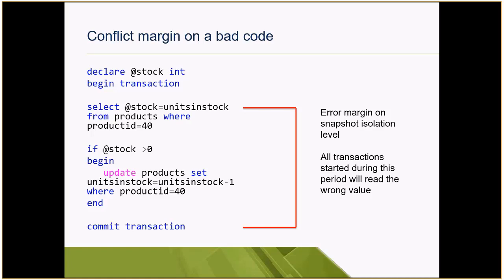It's very difficult to know inside the production system where you may have a situation like this and your code may be already wrong, resulting in an increased margin for errors. It's very difficult to identify this.